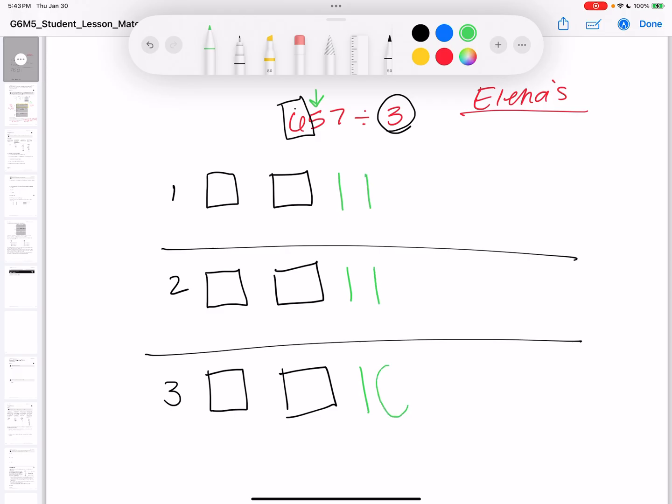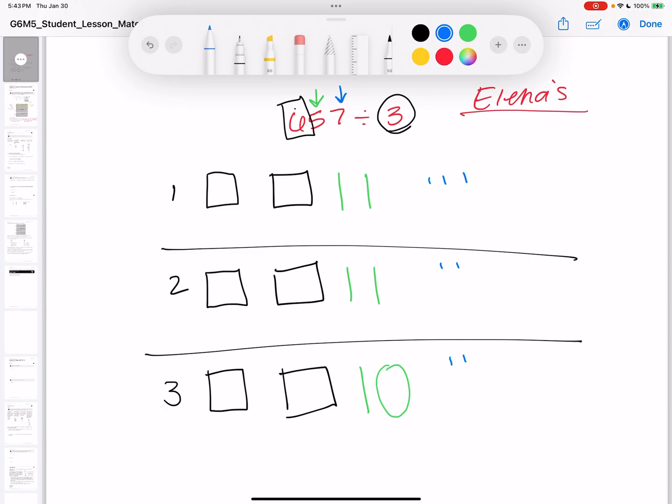We do not have another 10. So we really shouldn't put those 2 tens in here because they can't go there. Let's keep going with our 7s, or our 1s, and see how this goes. So then we'd have 1, 2, 3, 4, 5, 6, 7. So again, we have an uneven thing.